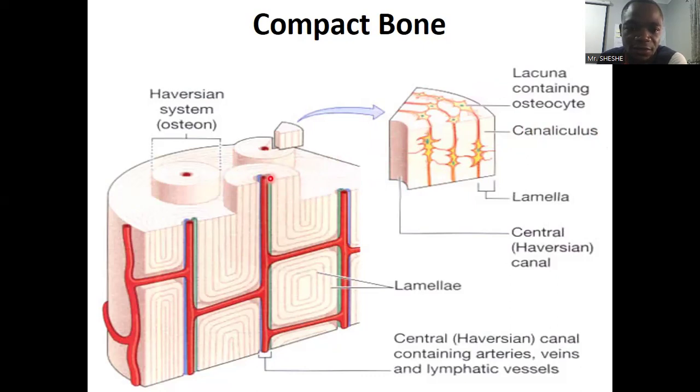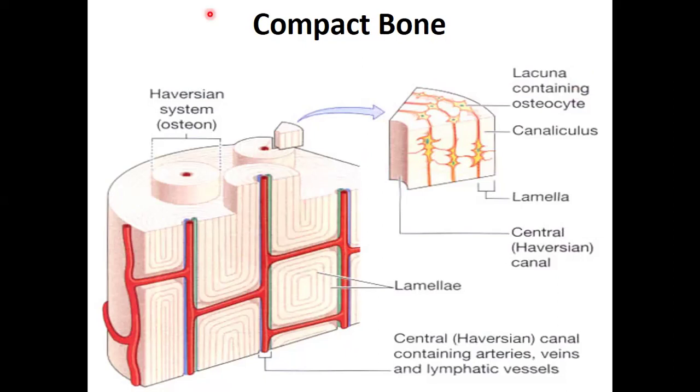So nutrients, minerals and so on diffuse from the central canal through the canaliculi and reach these cells. That is important because if these cells don't have nutrients, gases and minerals, the cells die. And that way bone tissue also dies.